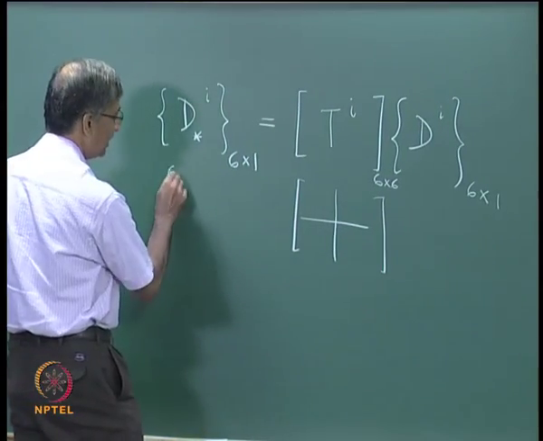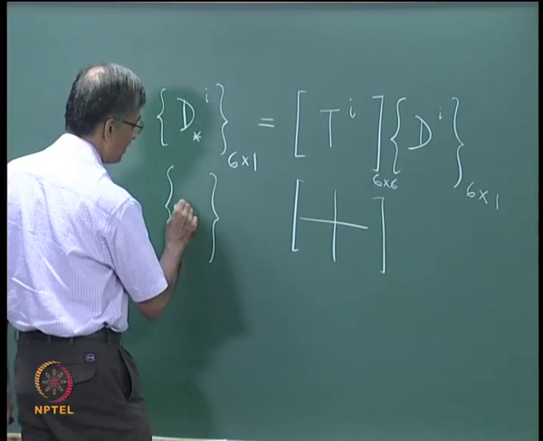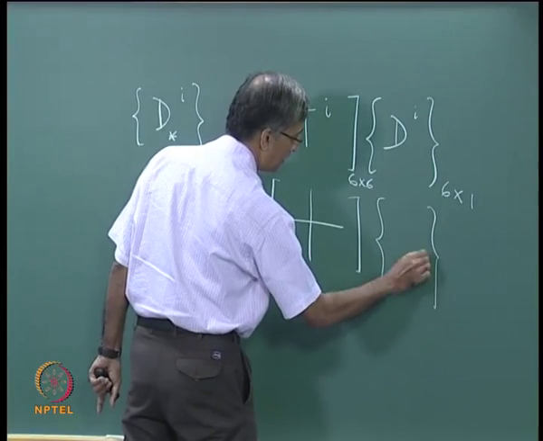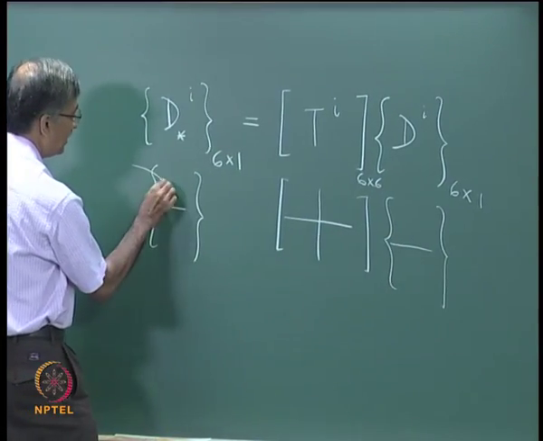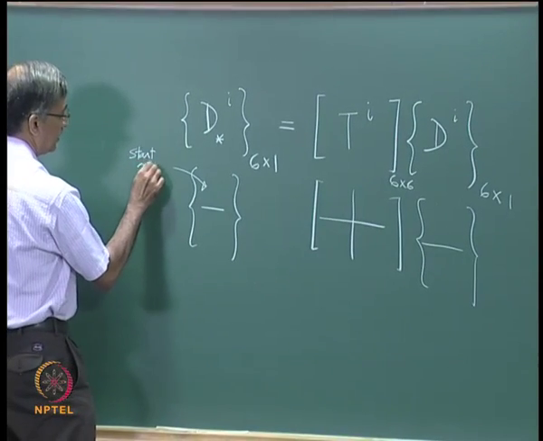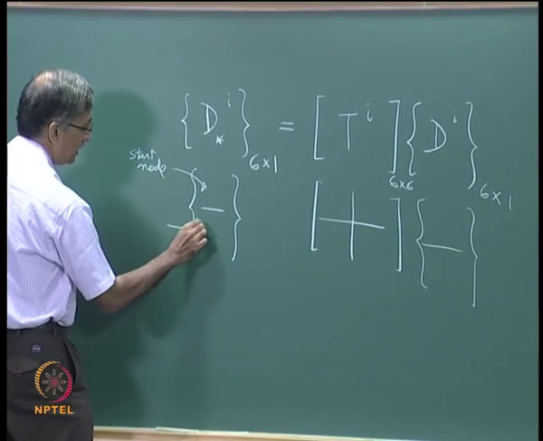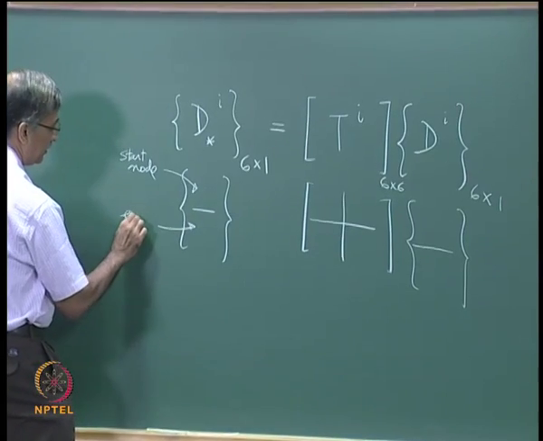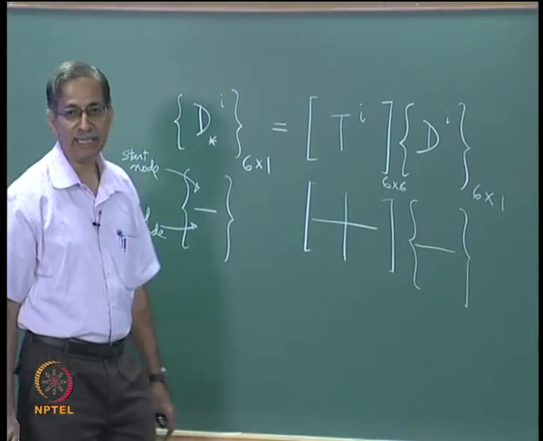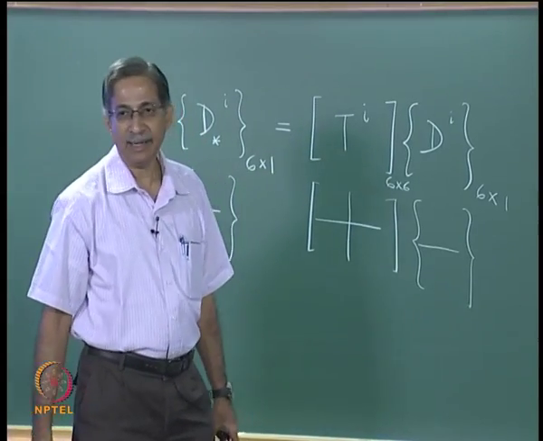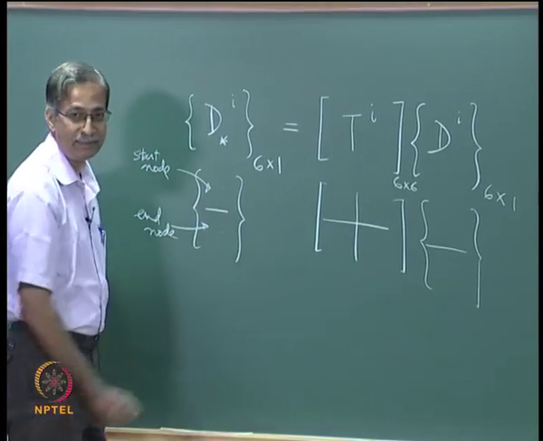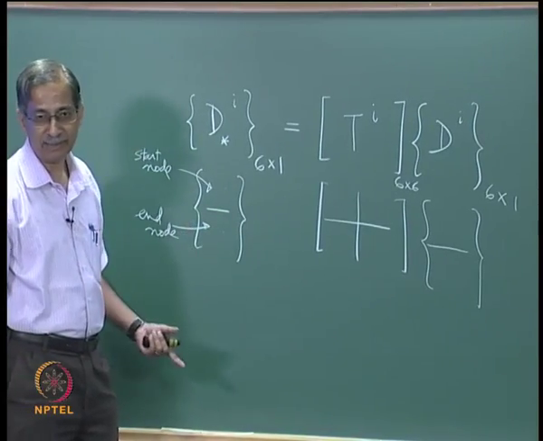Even this you can partition, this you can partition. This belongs to the start node, this belongs to the end node. Because you are following a stiffness formulation, will there be any relationship between this and this? They are independent.